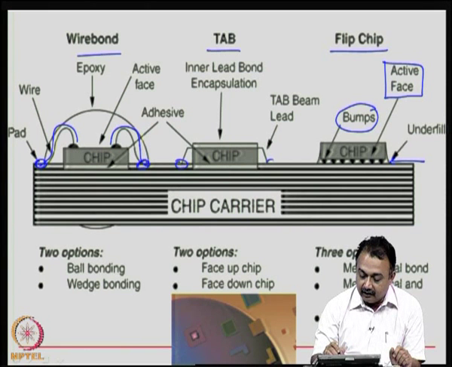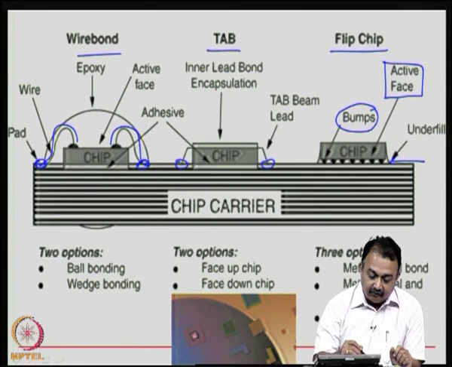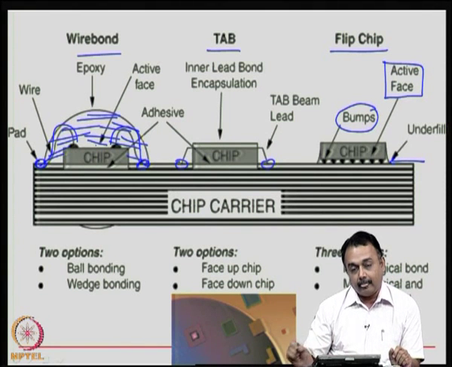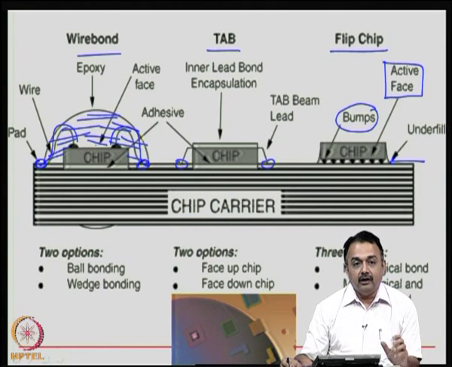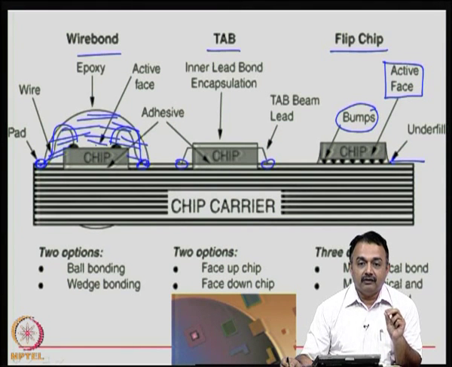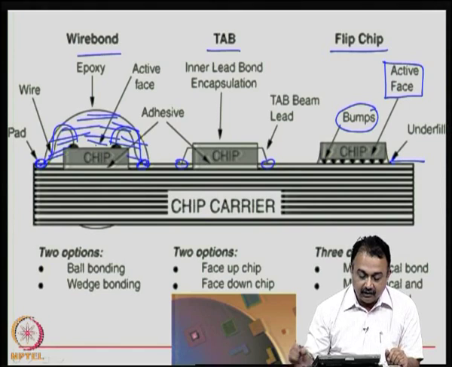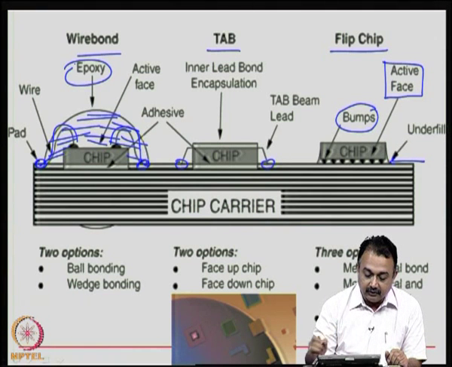Similarly, here for tab. Then after the wire bonding is done, you see that the wire bonds are protected with an epoxy polymeric material. So, this encapsulation process will take care of protecting your first level interconnects, okay? Epoxy encapsulation.